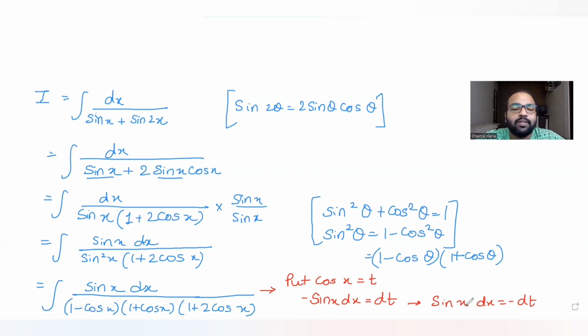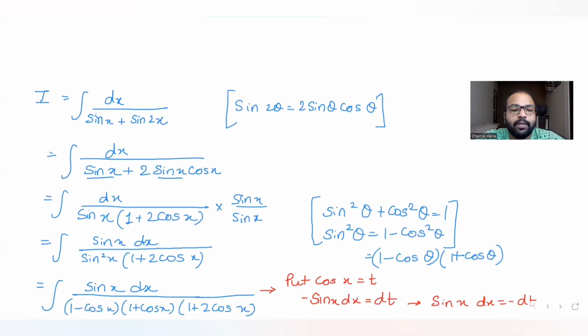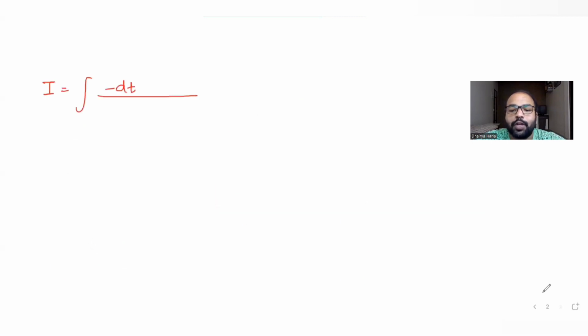Now if I replace my integral, I is equal to the integral of minus dt upon 1 minus t, 1 plus t, and 1 plus 2t. So this becomes 1 minus t, 1 plus t, and 1 plus 2t.